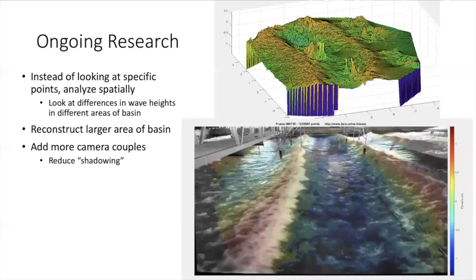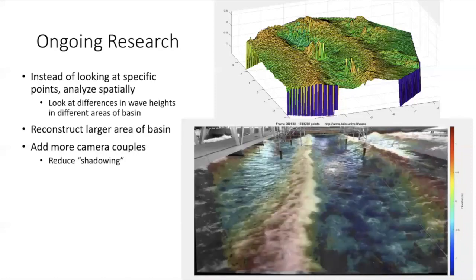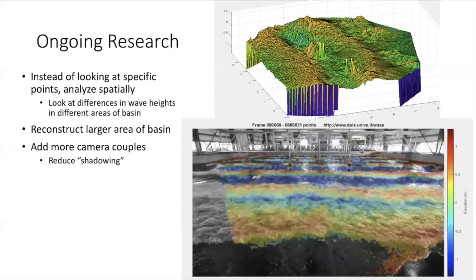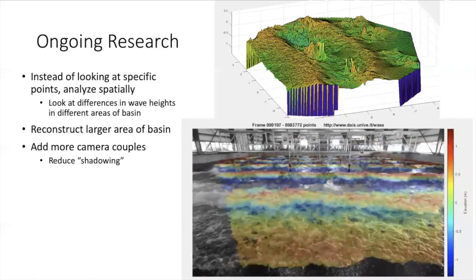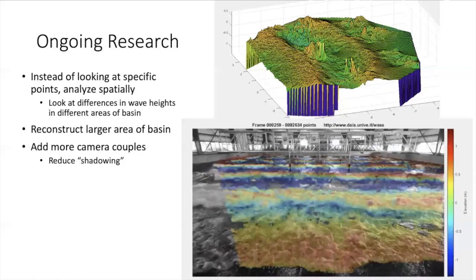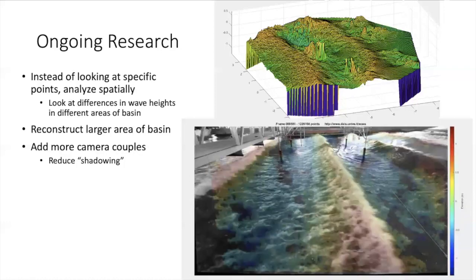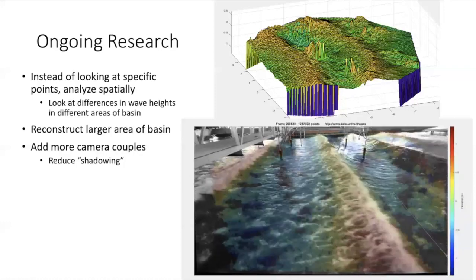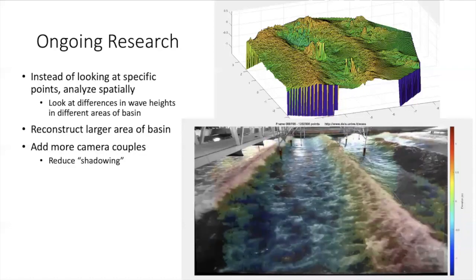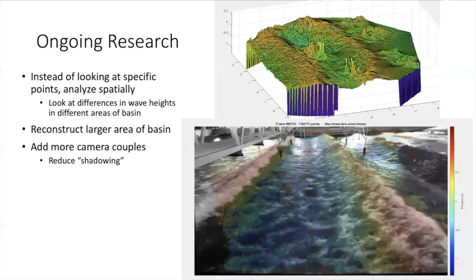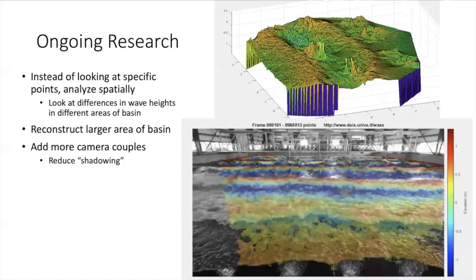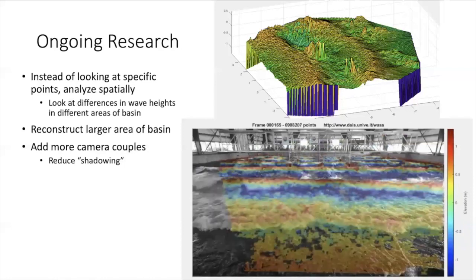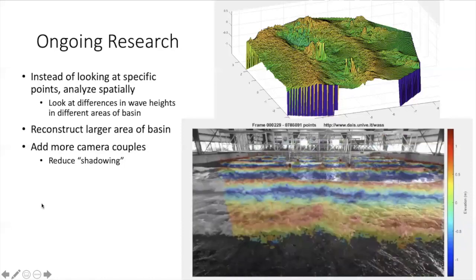And also we'd like to add more camera couples to be able to have multiple angles on the wave field and reduce the shadowing effect of where the cameras aren't able to see. So if we had cameras on either side of the basin, that would reduce the shadowing effect that is caused by different instrumentation or framing, and then we could mesh these data sets together.